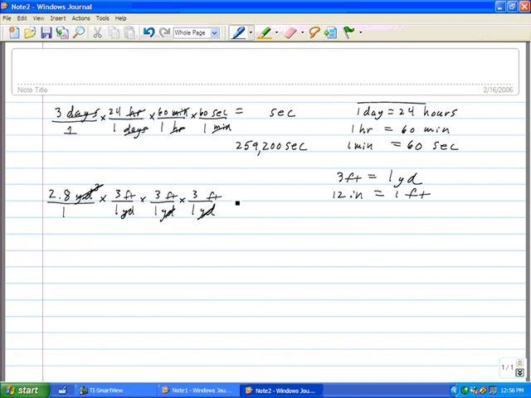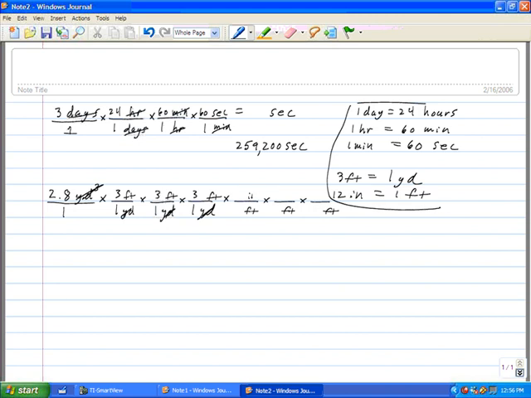So now we need to start canceling that out and go to inches, which is what we originally wanted. So I'll put feet, feet, feet on the bottom, 3 times.